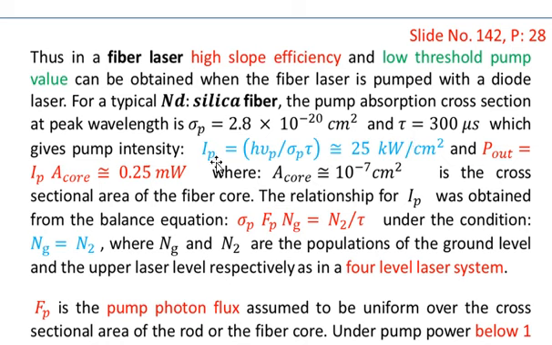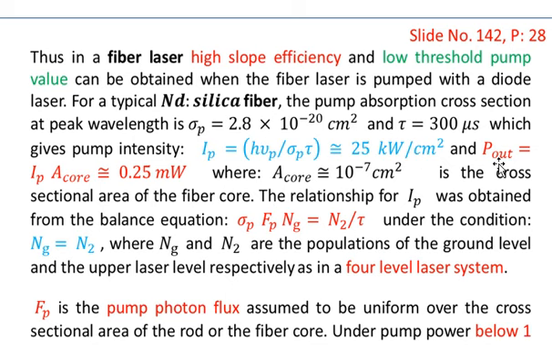This gives a pump intensity Ip equal to h nu p over sigma p times tau. Substituting the frequency nu p from the Nd silica fiber, with h being Planck's constant, and sigma p and tau as defined, you find the pump intensity Ip is nearly equal to 25 kilowatt per centimeter square.